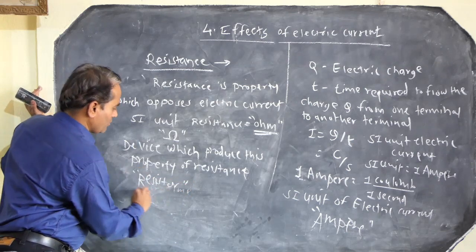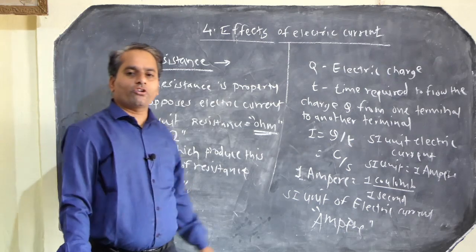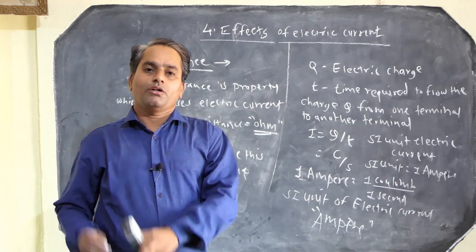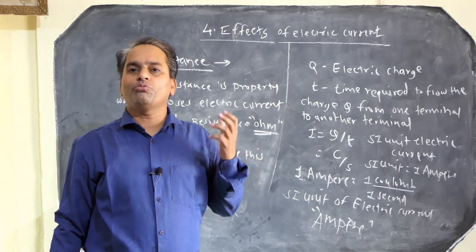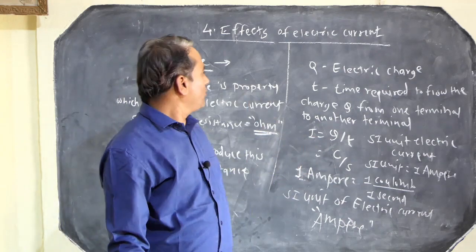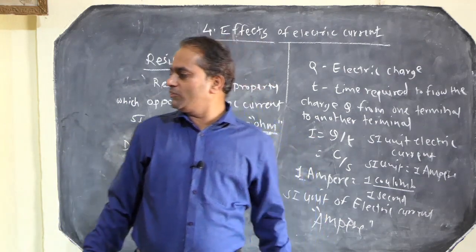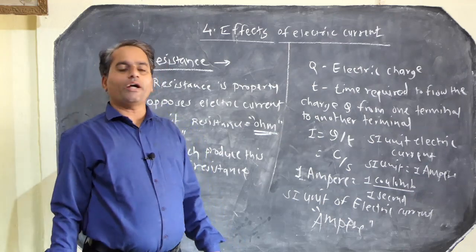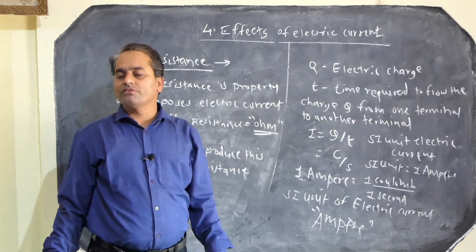So these are resistors. These are electrical devices which show the property of resistance. That is the basic idea about the electrical circuit.